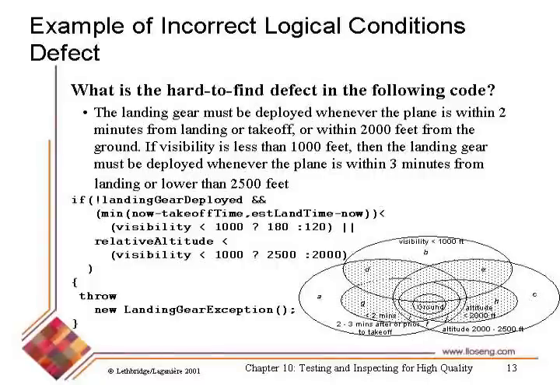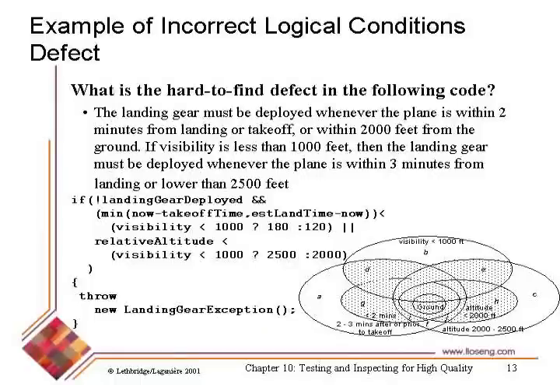So, for example, the top ellipse is visibility less than 1,000 feet. Everything outside of that is visibility greater than or equal to 1,000 feet. And so regions B, D, E, and a number of others, smaller regions that are further inside, are all regions in which visibility less than 1,000 feet is true, and intersecting with other regions where other things are also true.